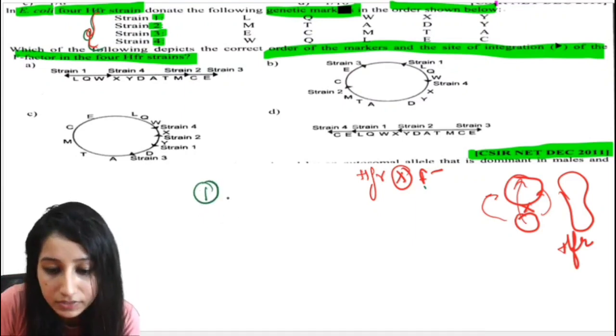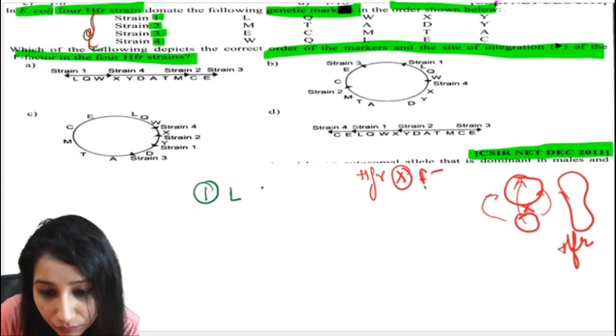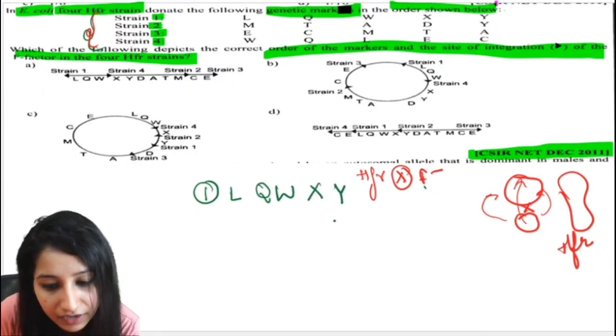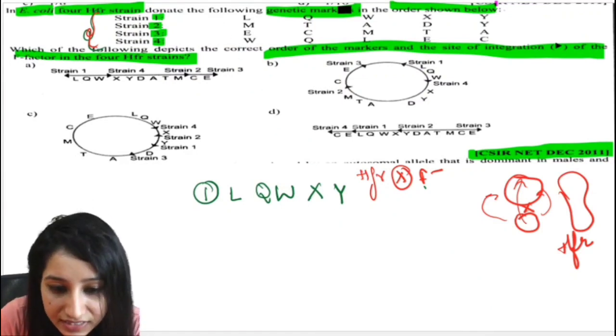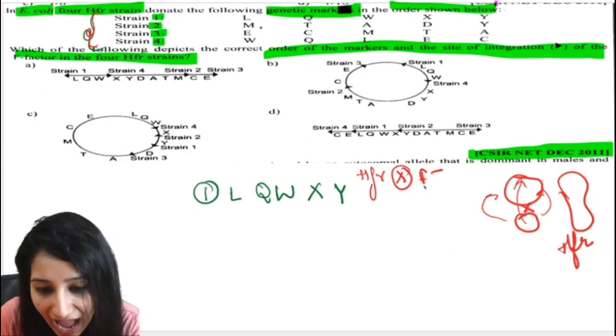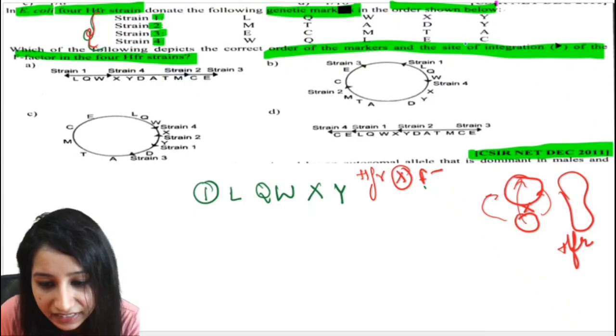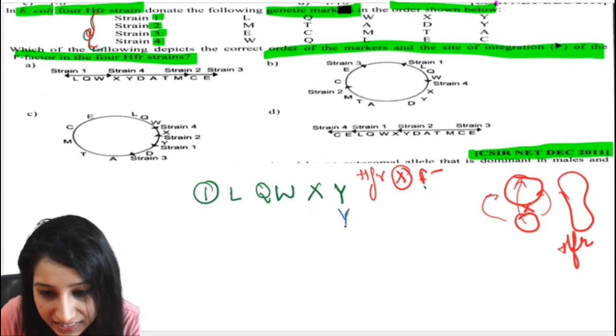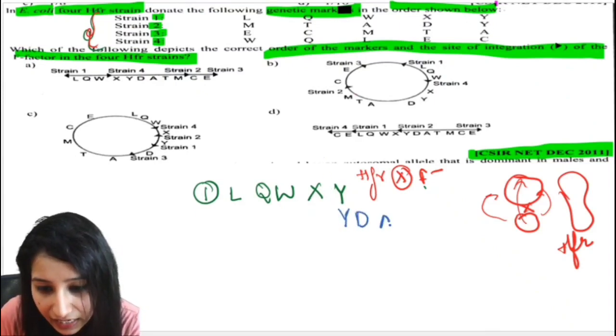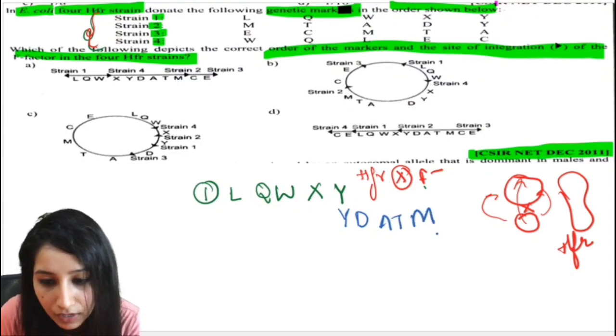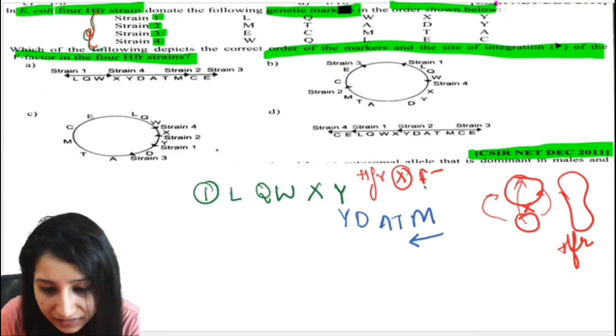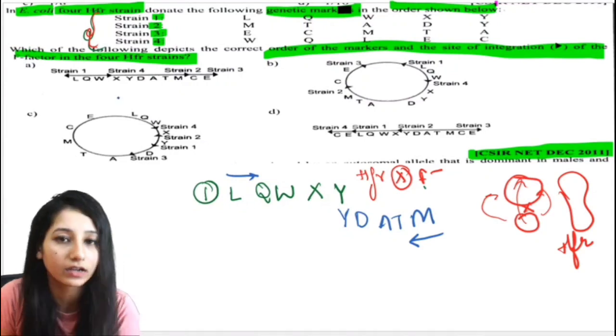The first has delivered L, then Q, then W, then X, then Y. The second one has delivered M, T, A, D, Y. In this Y is similar, so I will write it as Y, D, A, T, M. In this the transfer is like this, and in this the transfer of genes occurs like this.